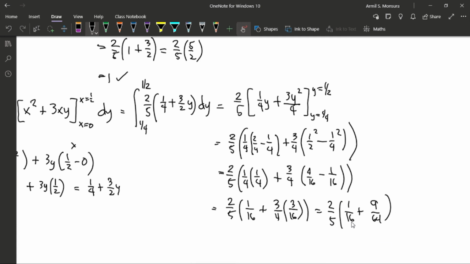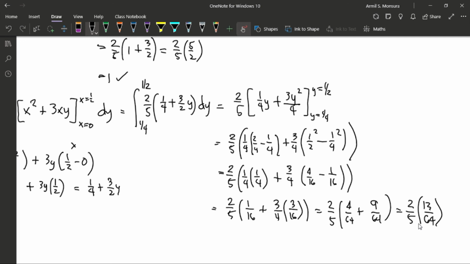Itong 1 over 16 gawin nating 64 yung denominator. So multiply natin ng 4 para maging 4 over 64. So that gives us 13 over 64. 2 over 5 multiplied to 13 over 64. Okay?